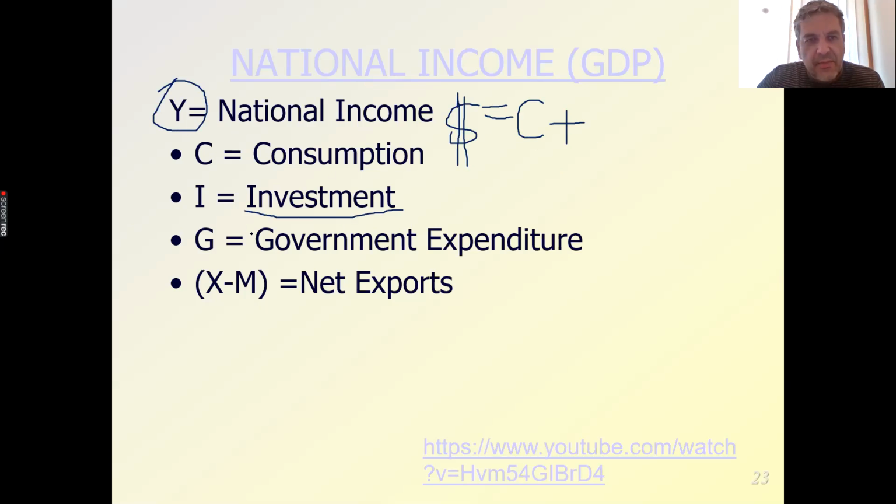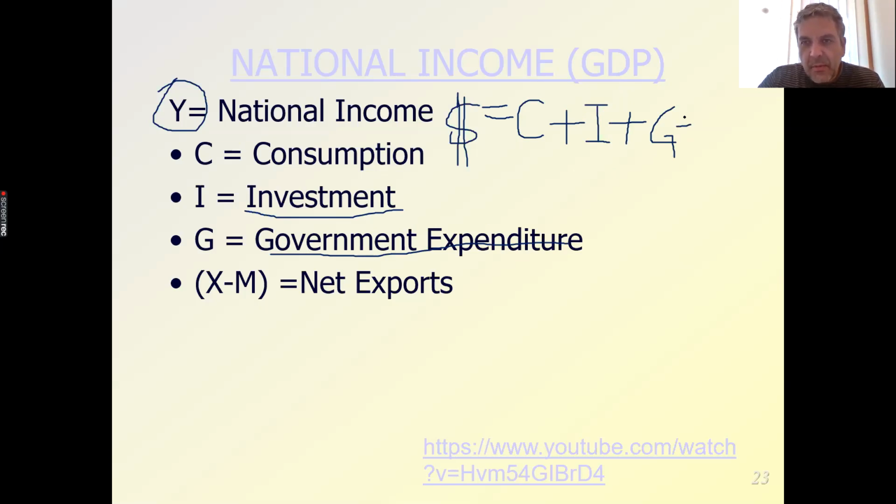Remember that investment is the capital goods that firms use to produce more goods and services. So that's part of the income that is used for investment purposes, plus who spends on public goods, which is the government. So we have government expenditure. And government expenditure is part of the national income that is spent on public goods and merit goods as we have defined them.